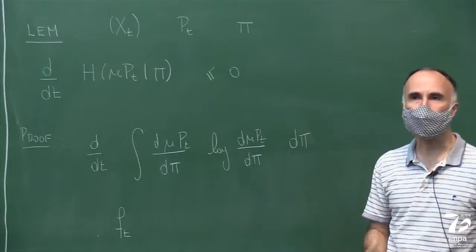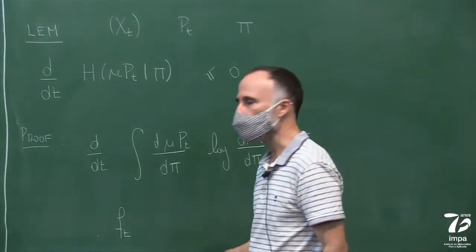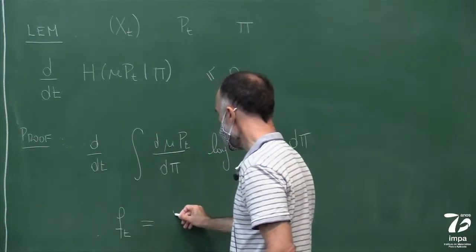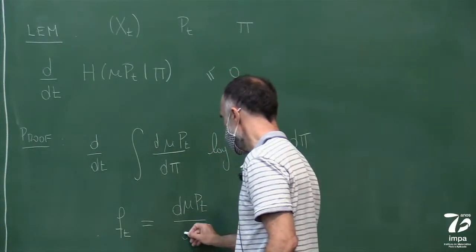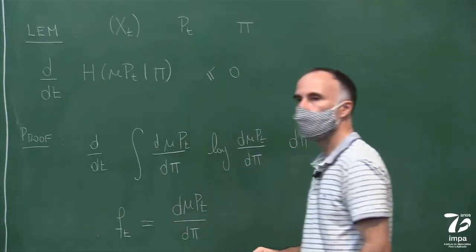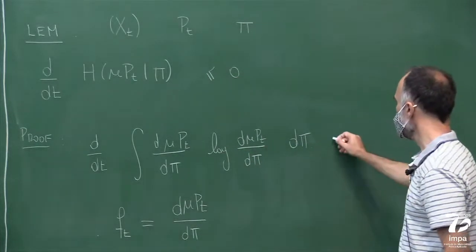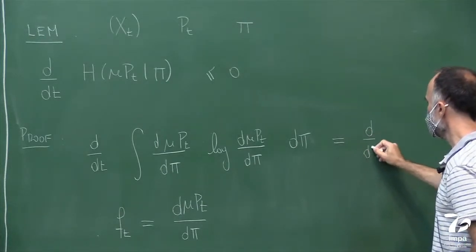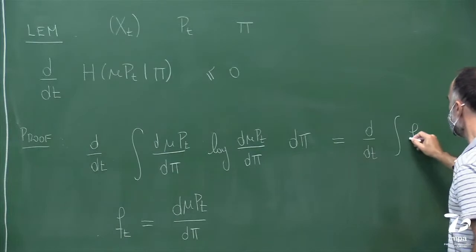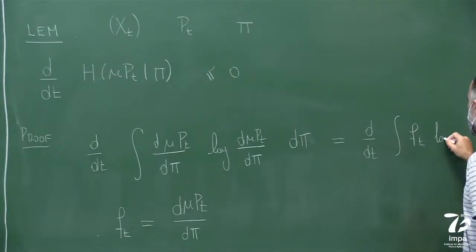Let me call ft the Radon-Nikodym derivative. So ft is d mu PT d pi. Okay, with this notation, I can simply write this integral as the integral of ft log ft d pi.